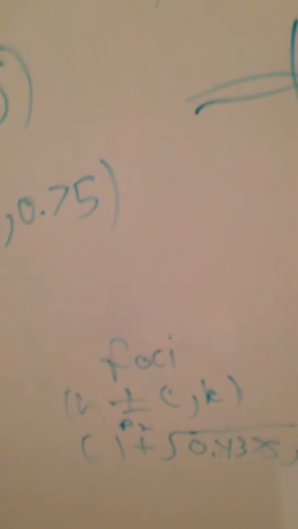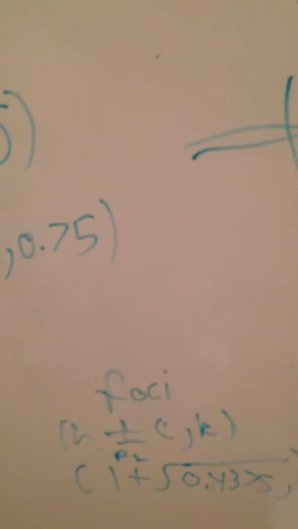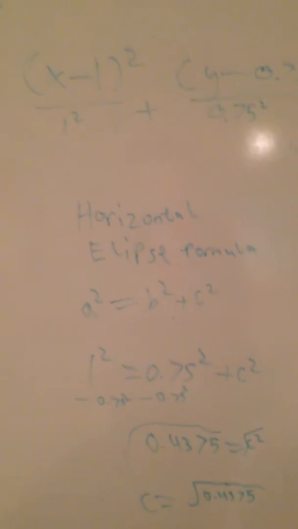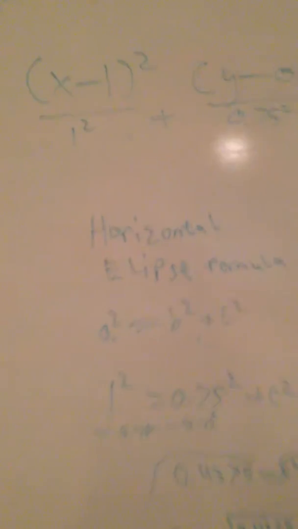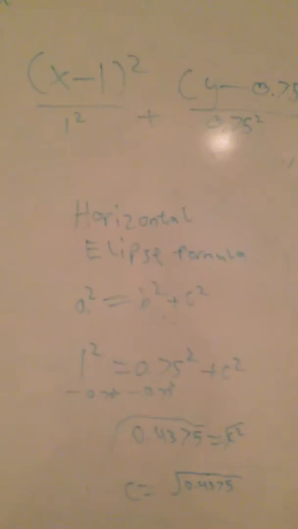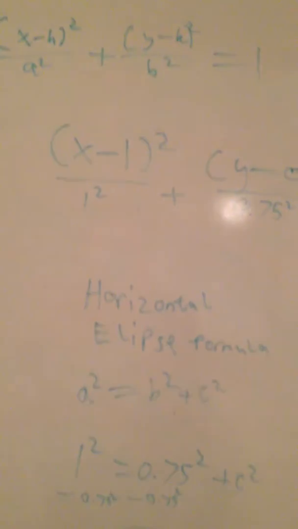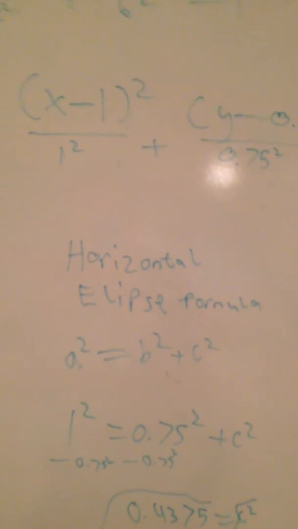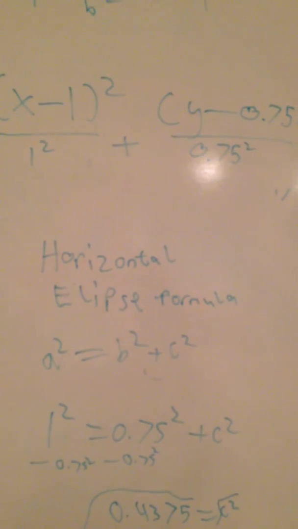So to find the foci, we have to find the c value. So the value of c, we find through the horizontal ellipse formula. We're using the horizontal ellipse formula instead of the vertical, because the way I decided to graph the eraser was horizontal. So the formula for that is a squared is equal to b squared plus c squared.